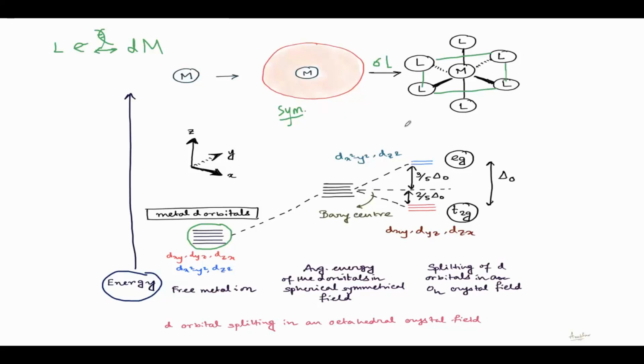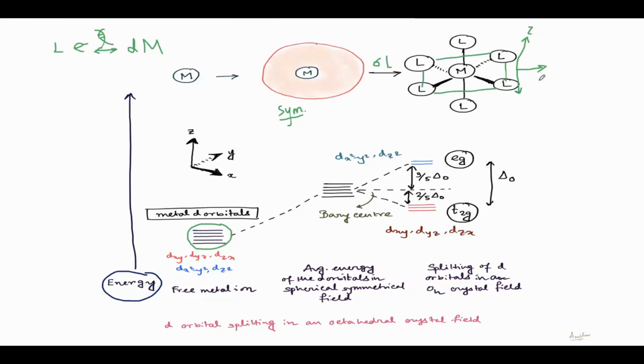But the orbitals which are directed between the axes will be lowered in energy. So we have this as the x-axis, this is the y, and this is the z. Since x is in this direction, y is in this direction, and z is above, and these orbitals lie between the axes, they are termed xy.